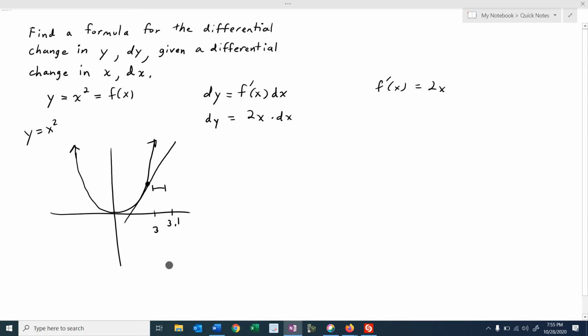So the differential change down here in x would be 0.1. And then the corresponding differential change in y would be the distance between the y value at 3 and the y value at 3.1.